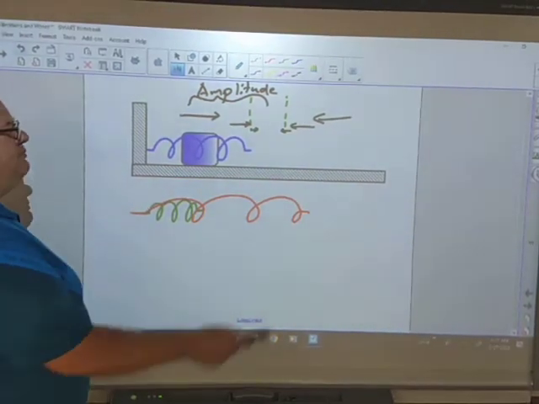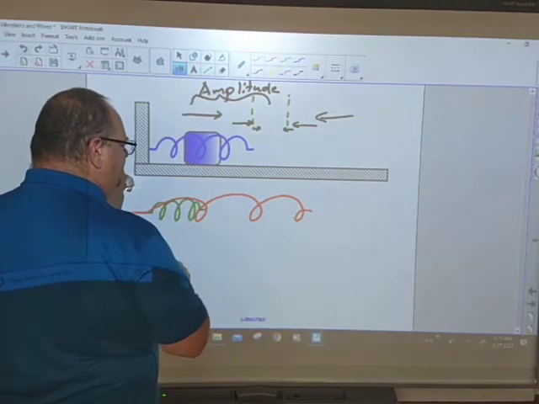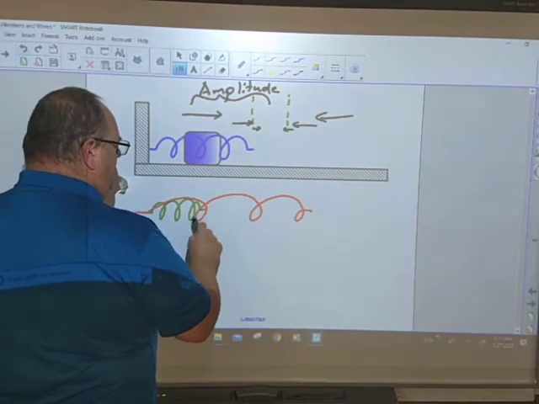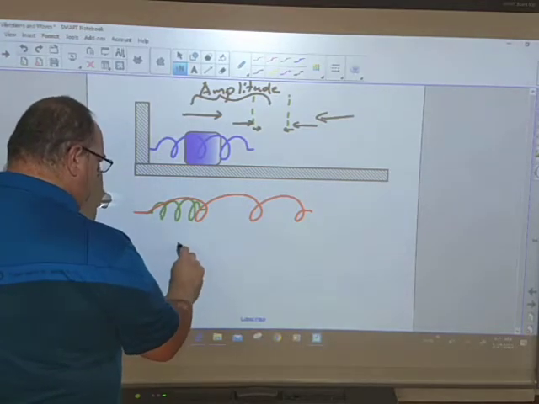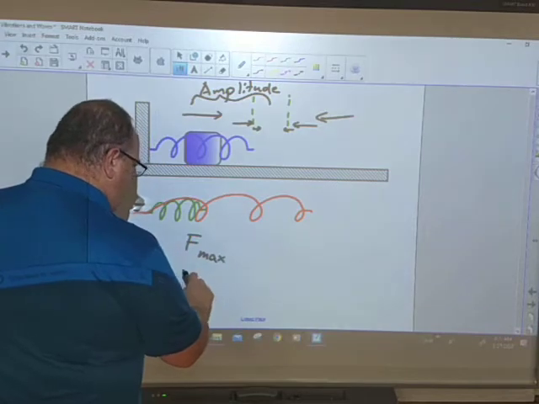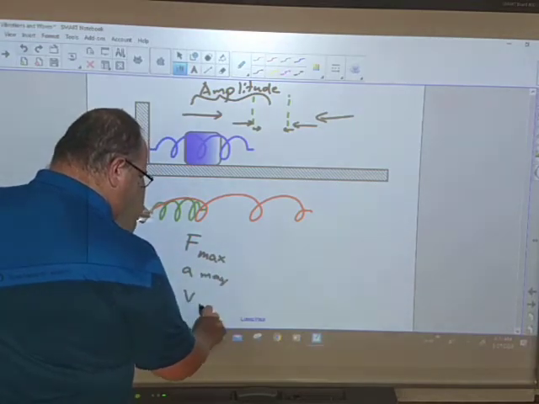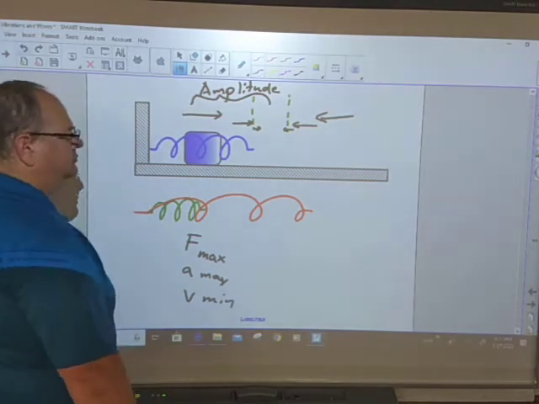All right, and at its maximum amplitude, at that maximum displacement, the force is at a maximum and the acceleration is at a maximum, but the velocity is at a minimum.